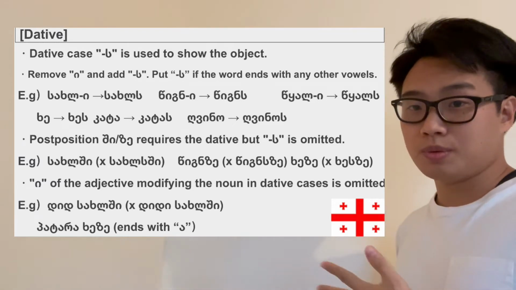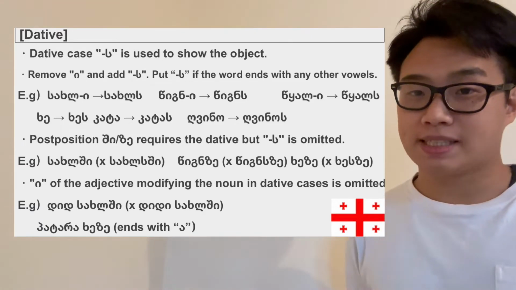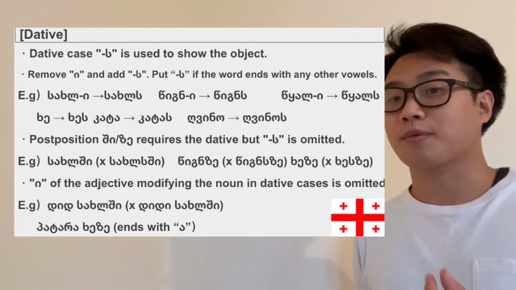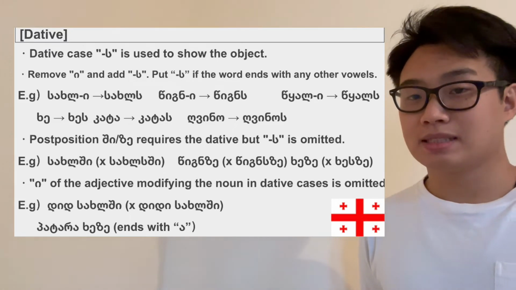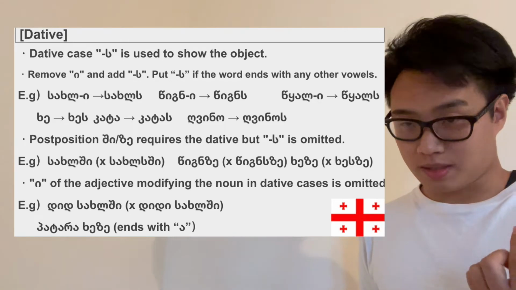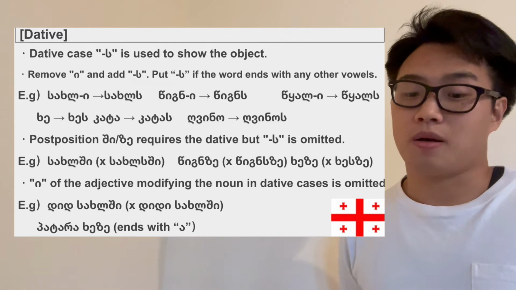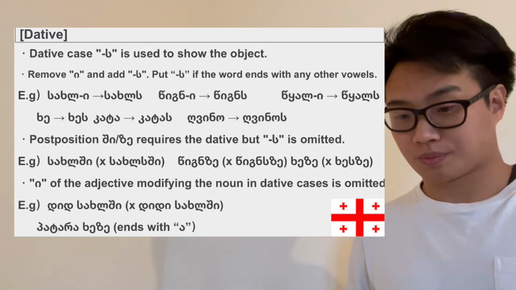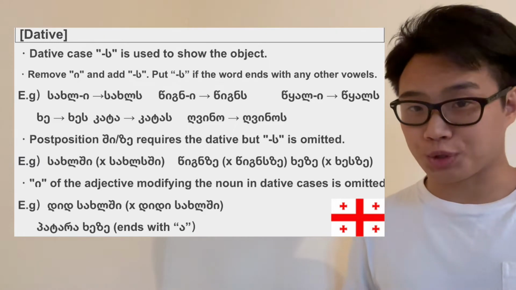And the same rule is applied for the word tsigni. Tsigni, e. We have to remove this letter e, tsignis, and it's now a dative case for the word book. And the third example here, tsqari, water, right?